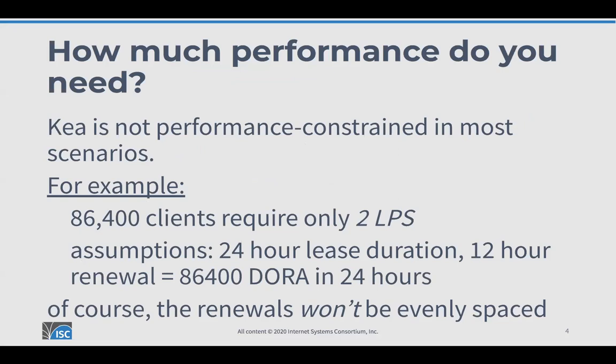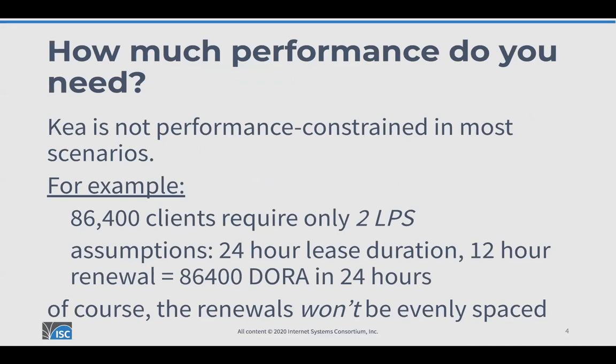So when we talk about DHCP performance, in the majority of cases, we're not talking about something that needs to be highly performant, right? If you're on a small campus or a small business, DHCP just sort of does the work and does not need to be highly performant. Now, there are exceptions to this, and this is what we'll talk about, and this is why we're attempting to make Kea more performant as well.